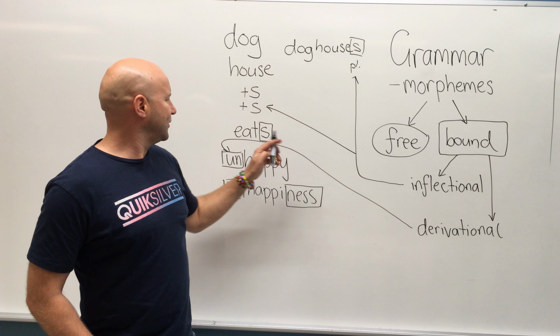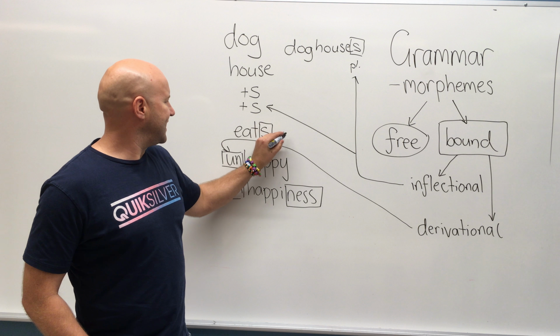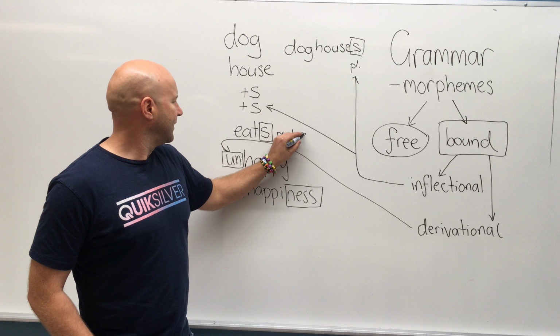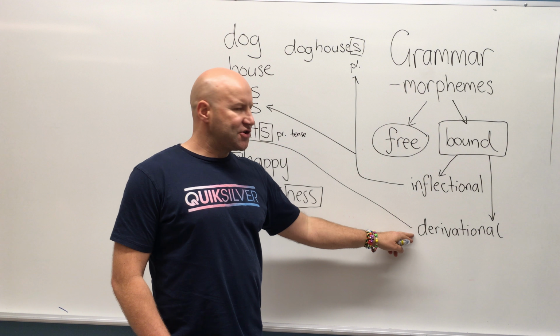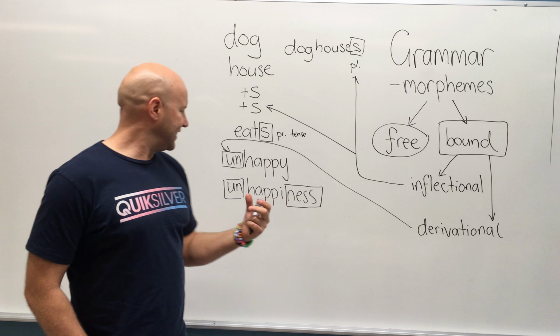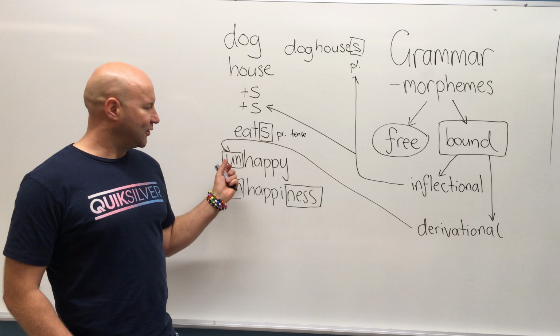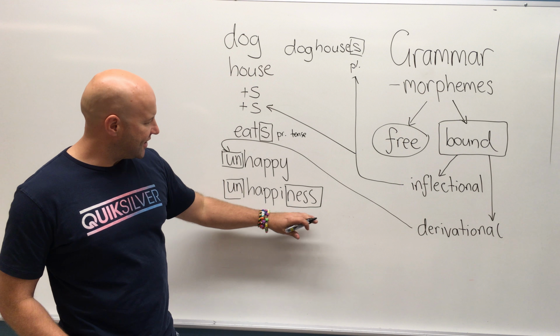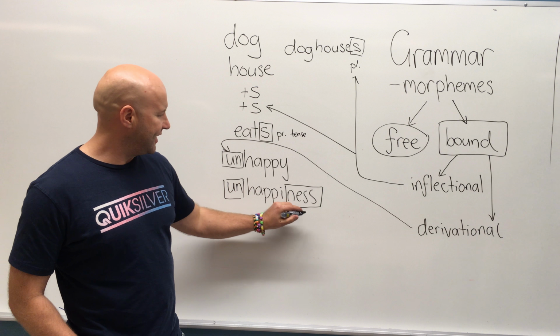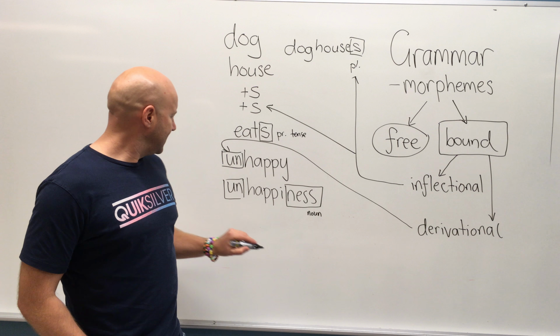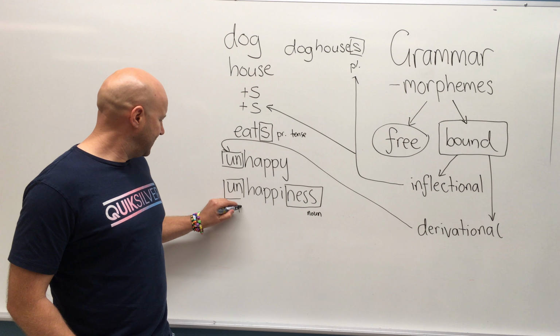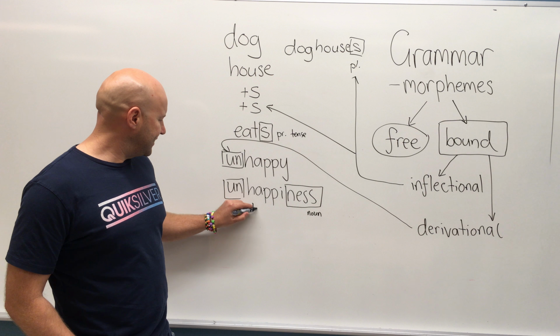Here we have plural, here we have present tense. Or they can be derivational, meaning they change the meaning of the word, the semantic meaning, or they change the class of word. So here we change to a noun, and here we change so the meaning is the opposite.